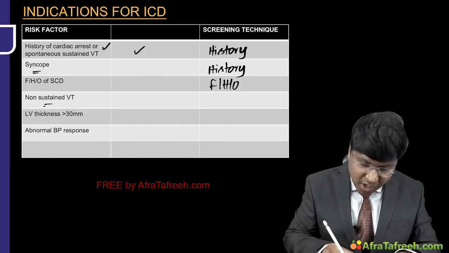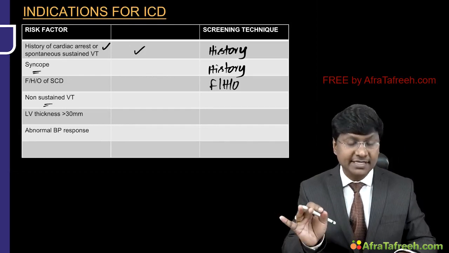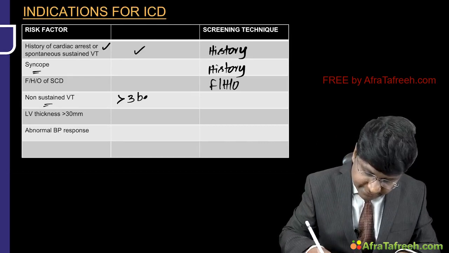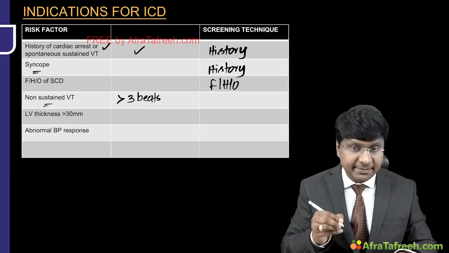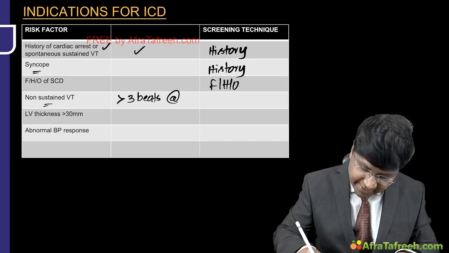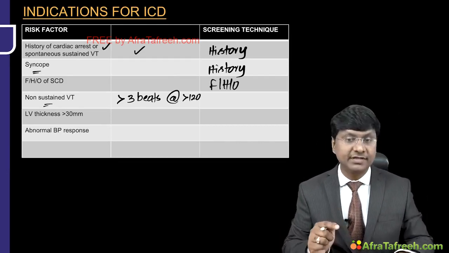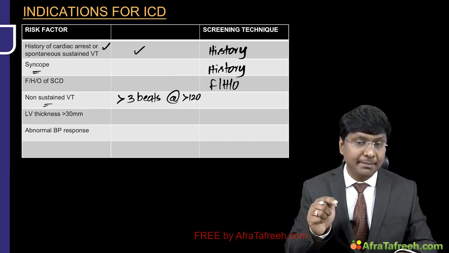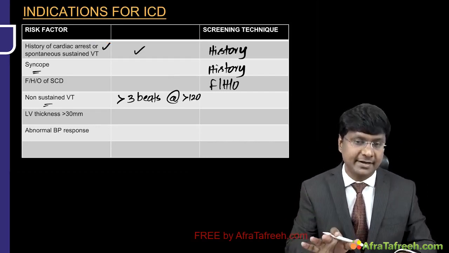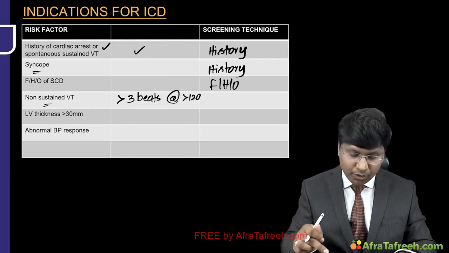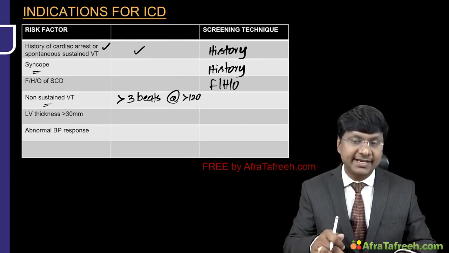Then non-sustained VT, right? This non-sustained VT, how many beats? There should be more than 3 beats at a rate of more than 120 per minute. More than 3 beats, with a heart rate of more than 120 per minute. So if that is there, he is also an ideal candidate. So how will you make out that there is non-sustained VT?